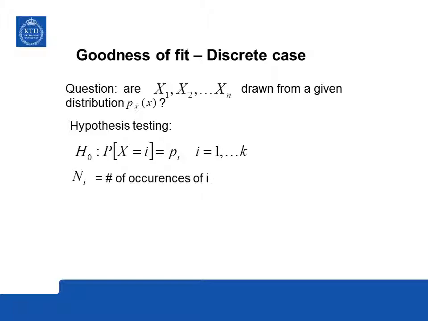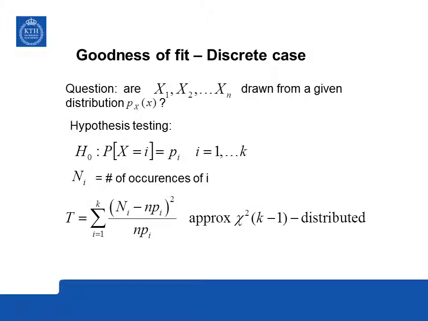And we construct our test statistic in the following way. We count the number of occurrences of outcome i, and we call that Ni. So basically we put them in a vector, so we have a histogram of the number of occurrences of outcome i. And then we compare these outcomes with the expected number of occurrences according to the hypothesis H0.